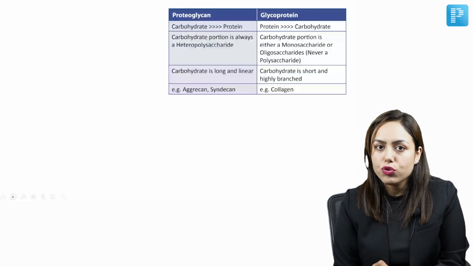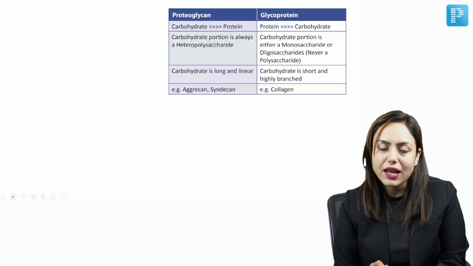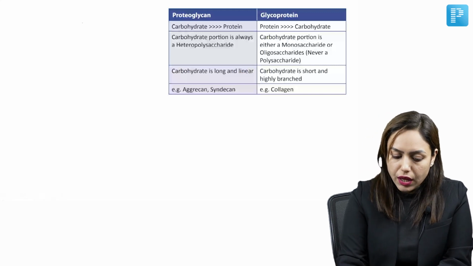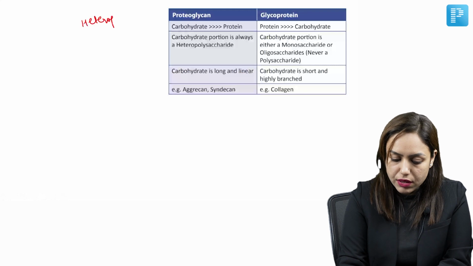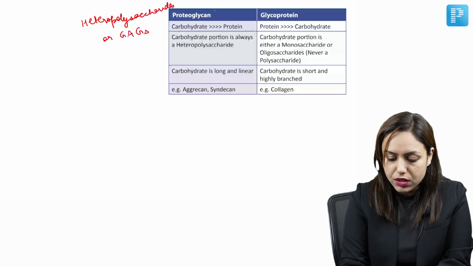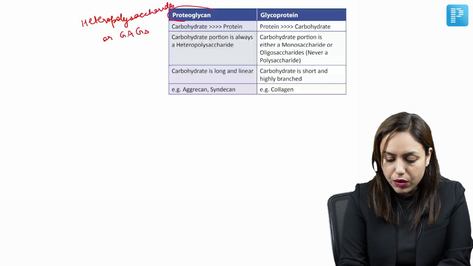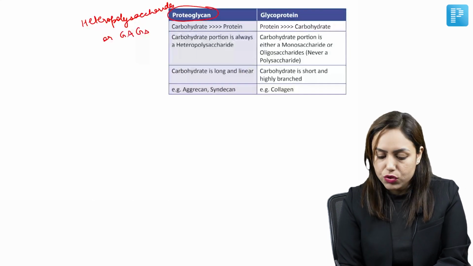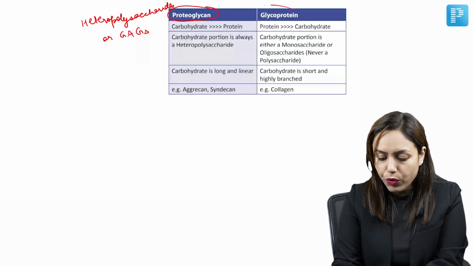Then let's also do the difference between proteoglycan and glycoprotein. Heteropolysaccharides or GAGs are carbohydrates. They attach with protein to make proteoglycan. So the other one is glycoprotein.